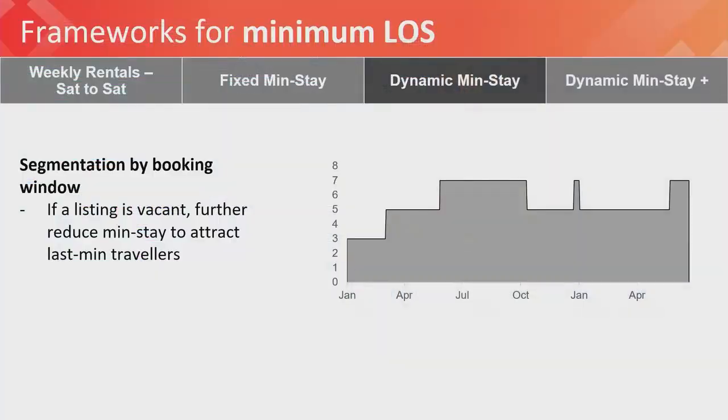But if it's in the next 2 weeks and it's empty, chances of getting a long reservation are tough. Let's try and get booked with a shorter stay. Again, it depends on whether your operations allow it. It depends on whether your owners are okay with it, and so many other things. So this is stuff that you need to look through in your portfolios with your owners, looking at your data to figure out what's happening.